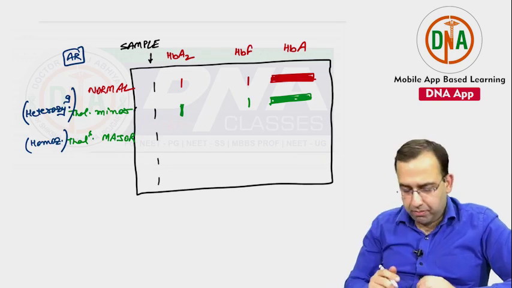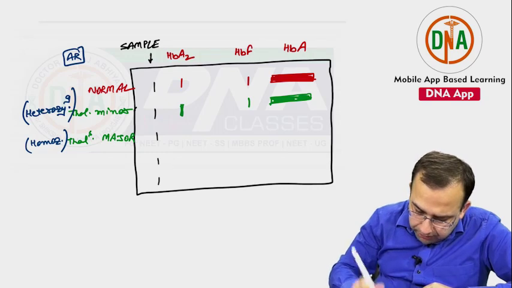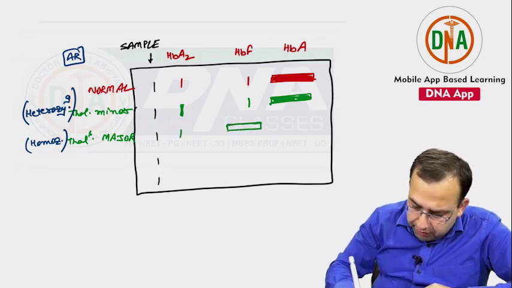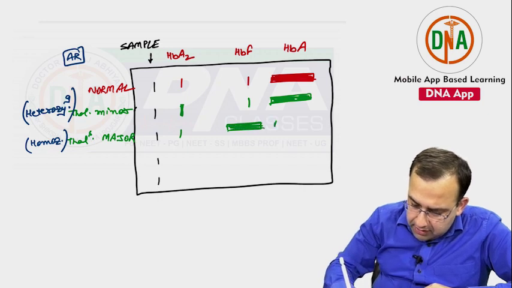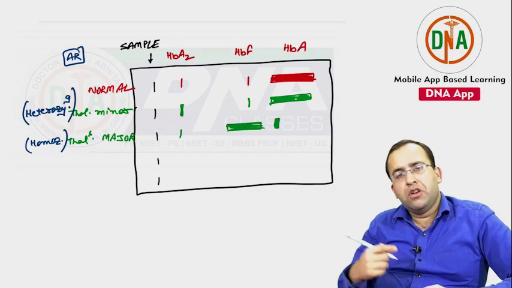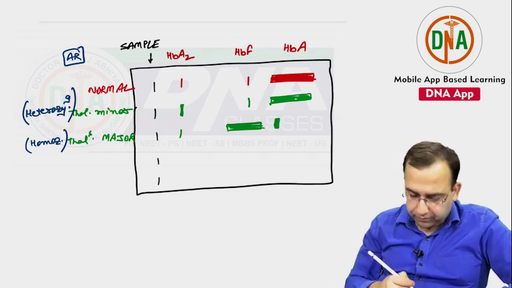Both the alleles are abnormal. Thal major, HbA2 normal. Now the predominant hemoglobin is HbF versus HbA, which is markedly reduced. So the predominant hemoglobin of thal major, HbF.